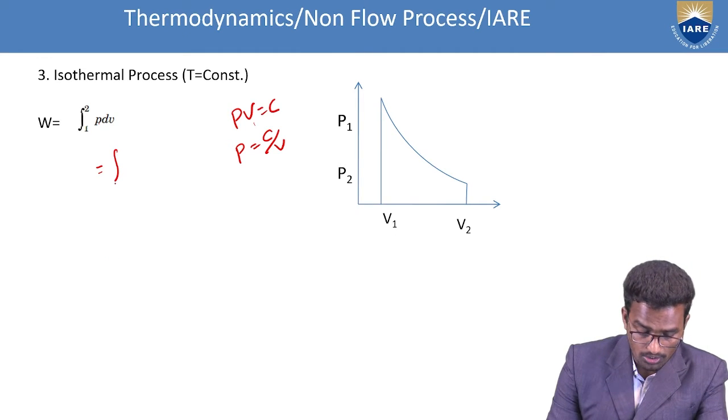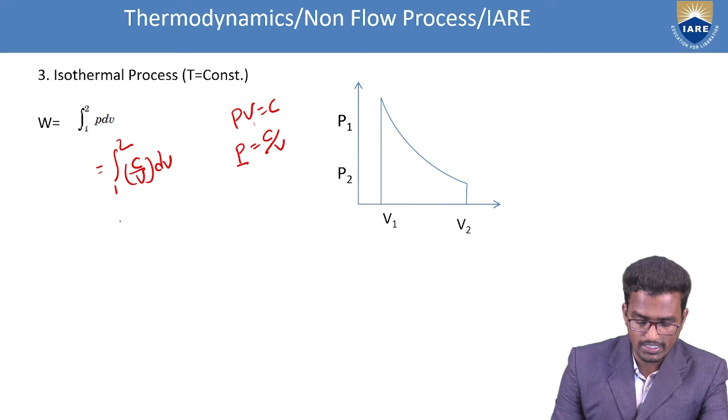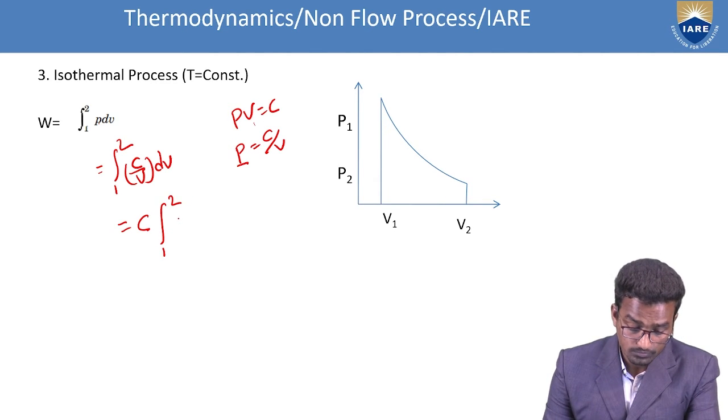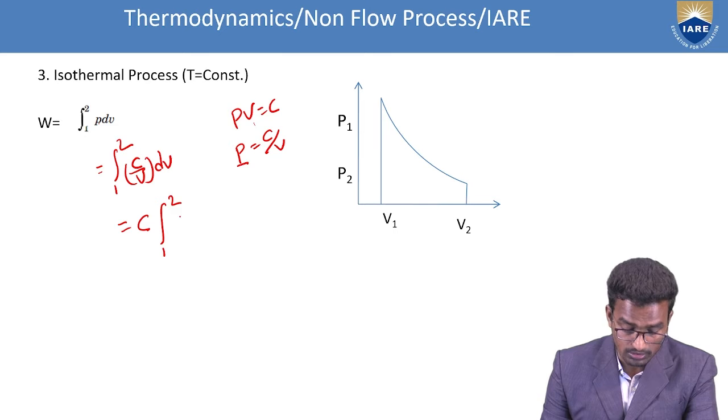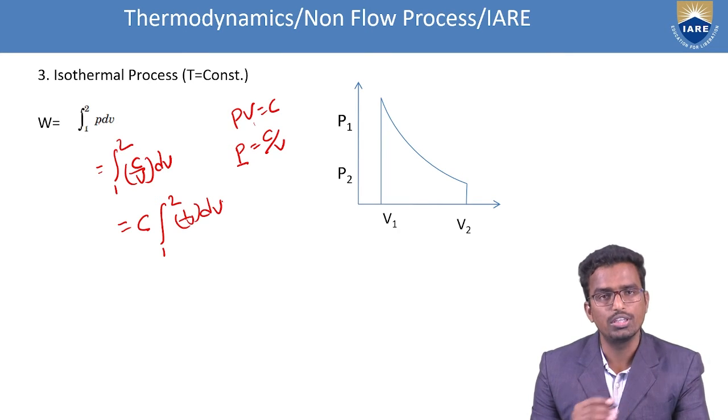So the integral from 1 to 2, substituting the P value, is C by V into dV. The constant is taken out: C into the integral from 1 to 2 of 1 by V dV.